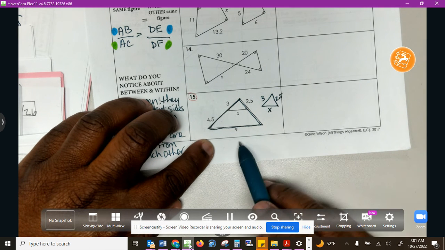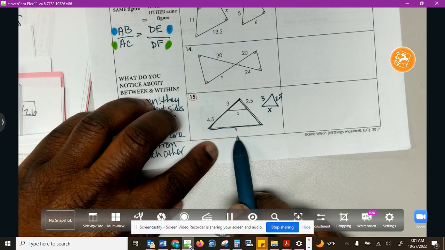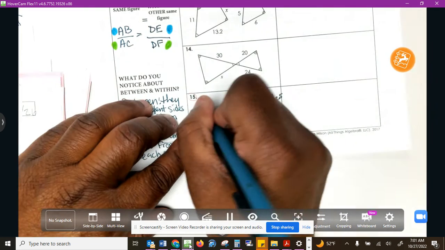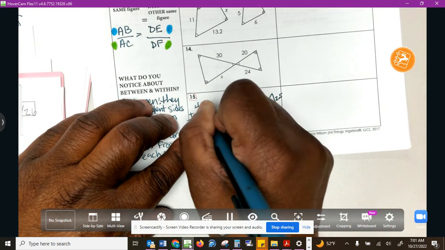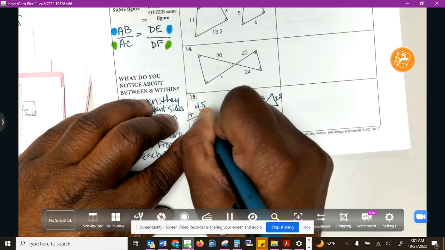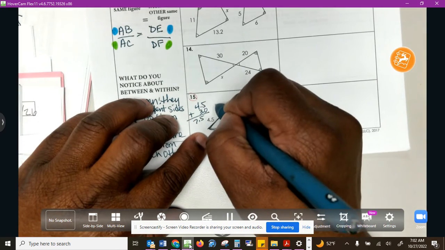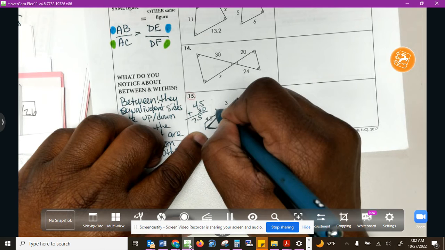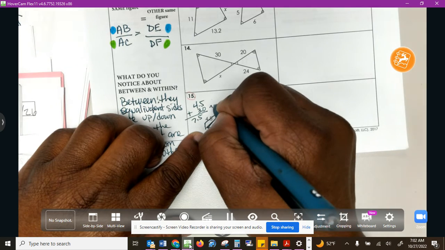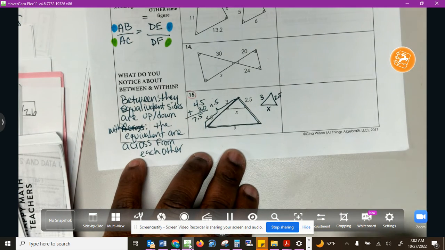We will use the sides that we do have everything on. So they gave us the 9 at the bottom, and for here, I know I have to say 4.5 plus 3, which is 7.5. So this whole side is 7.5. So now we did one between, we did one within.